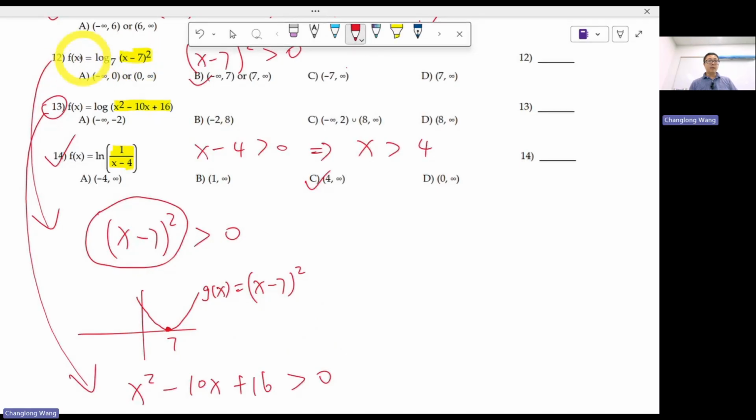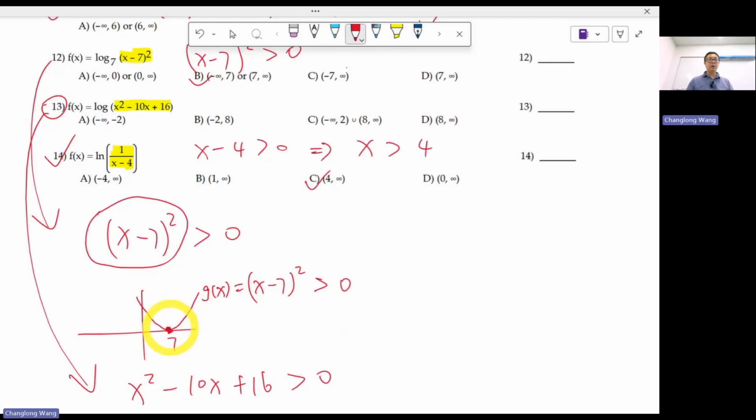the function f of x in number 12 requires the g of x to be positive, right? But do you see that pretty much all the points on the graph of g of x have a positive function value, except for this point. And this point has a 0 function value.